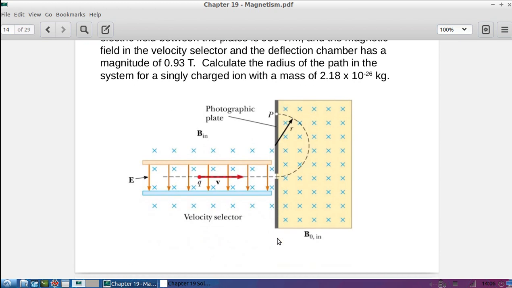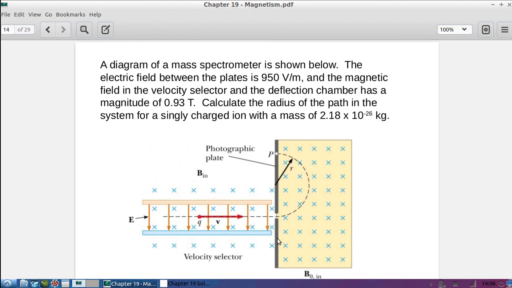So we've got a basic diagram of a mass spectrometer. And we'll talk about this velocity selector thing in a second. So there's an electric field here. This red plate here is positively charged. The blue plate is negatively charged. So there's an electric field away from the positively charged plate towards the negatively charged plate. And that electric field strength is 950 volts per meter, also newton per coulomb.